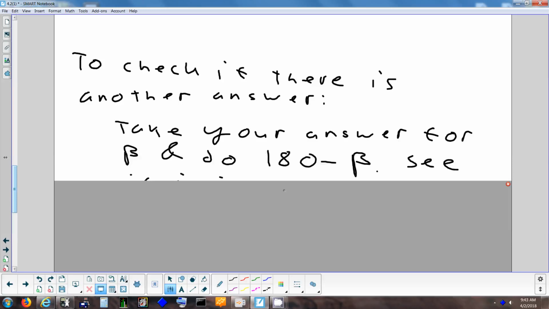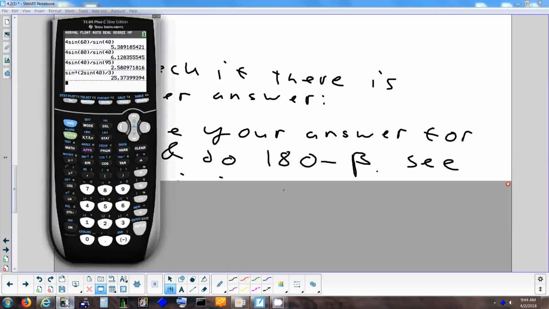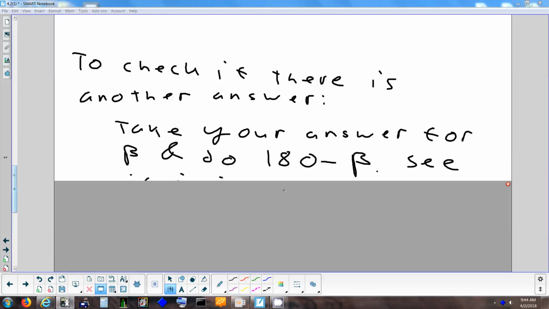On my calculator, I can just do 180 minus the last answer that was on the screen. And I get 154.626. I'm not going to write that in the box here. If there's a second answer, that's what it would be.